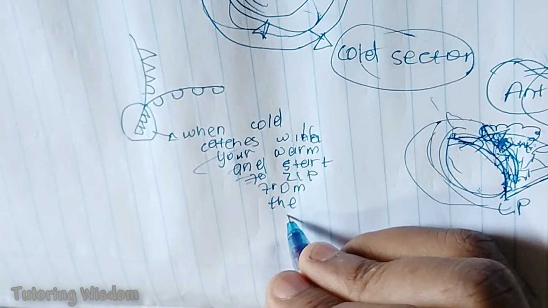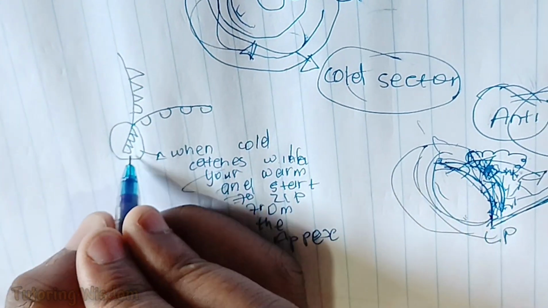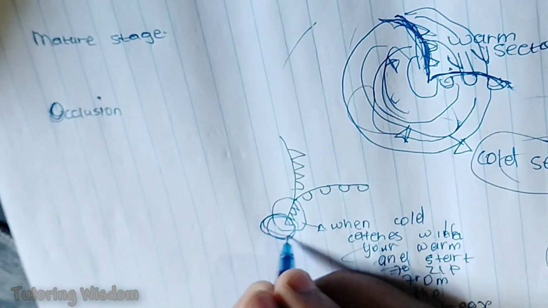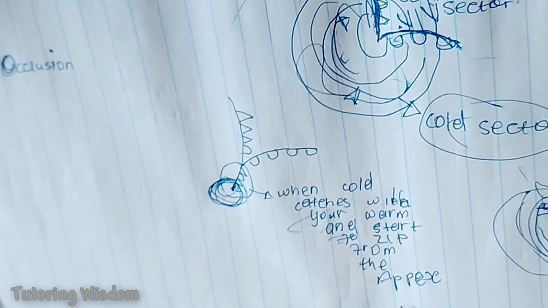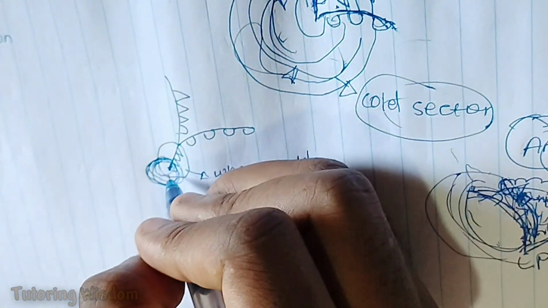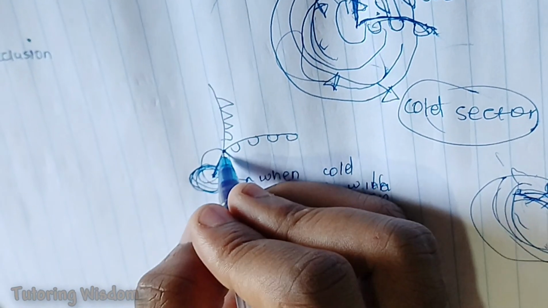So what is your apex? Your apex is this part of your mid-latitude cyclone, right? That first part of your mid-latitude cyclone is your apex. So these fronts start to combine to form an occlusion front.